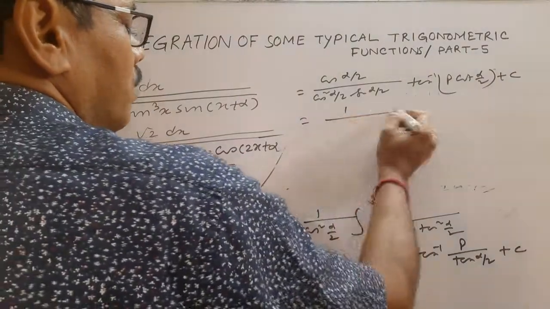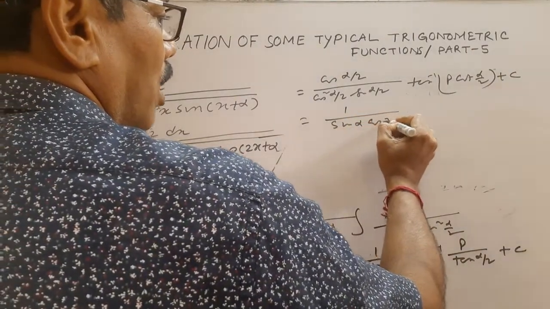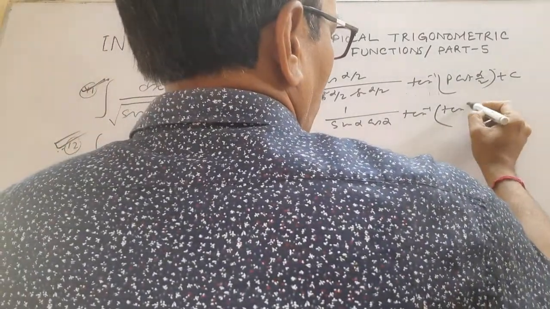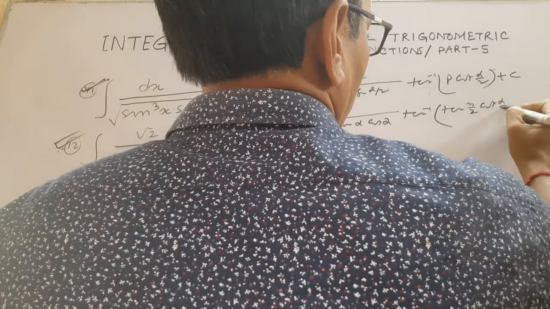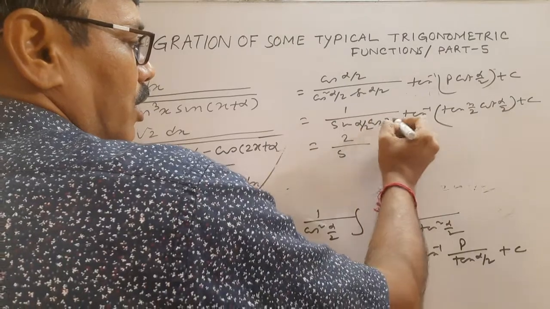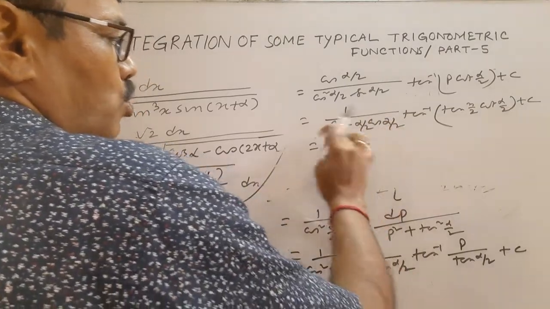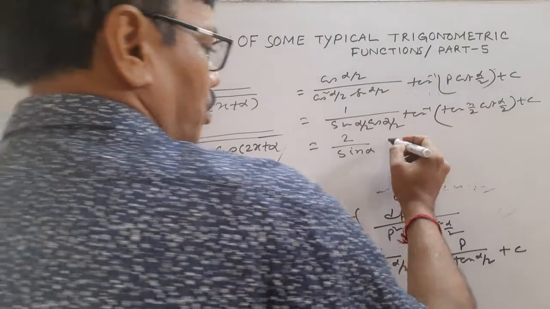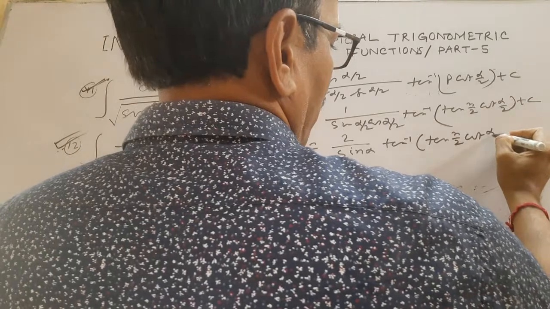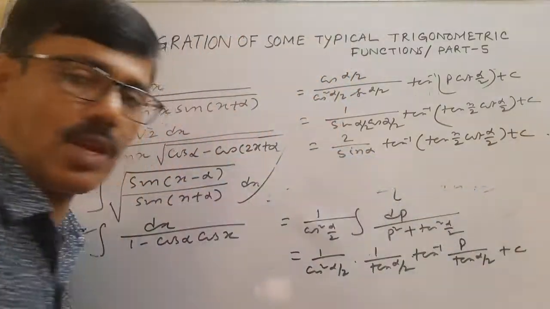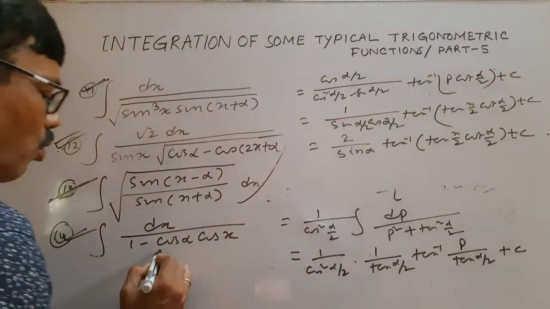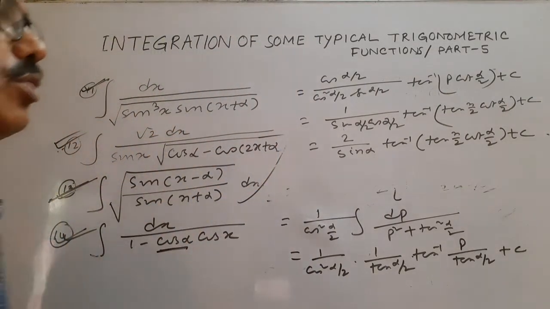And this is 1 by sin alpha by 2 cos alpha by 2, tan inverse of p, where p is tan x by 2, into cot alpha by 2 plus c. You can simplify it: 2 by sin alpha, tan inverse of tan x by 2 cot alpha by 2 plus c. We have already solved this problem, but here it is cos alpha, so you have to use trigonometry.